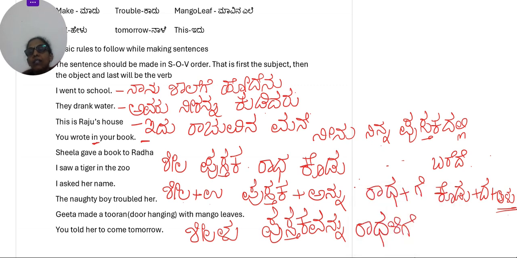And kodu plus de plus alu, it will become kottalu. Okay. So, Sheelalu pustakavannu Radhalige kottalu. That is this sentence. Sentence number 5. Sheelalu pustakavannu Radhalige kottalu. We can continue with the remaining sentences in the following video.